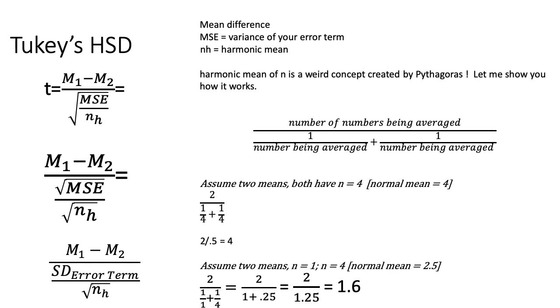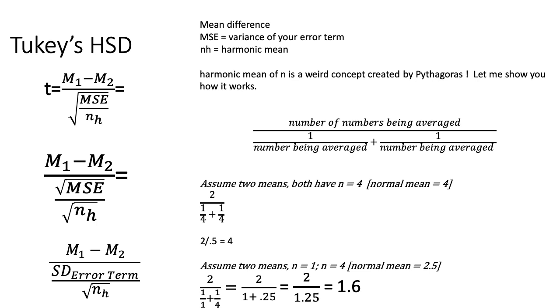Where the harmonic mean is really helpful is that it's not too happy when numbers are different. It has a drastically different response when the 2 numbers being averaged are different. Let's see that again. Assume the n of one group is 1 and the n of the other is 4. We do the same formula: 2 over 1 over 1 plus 1 over 4.